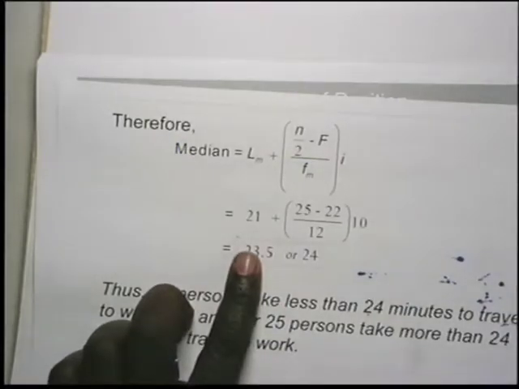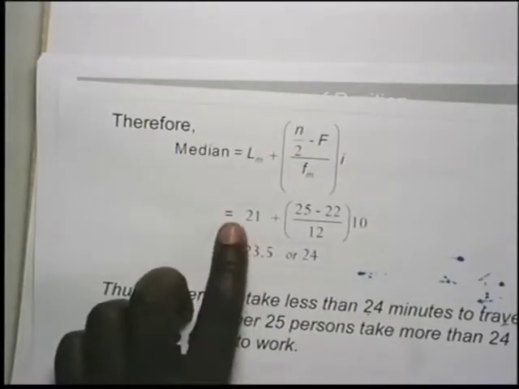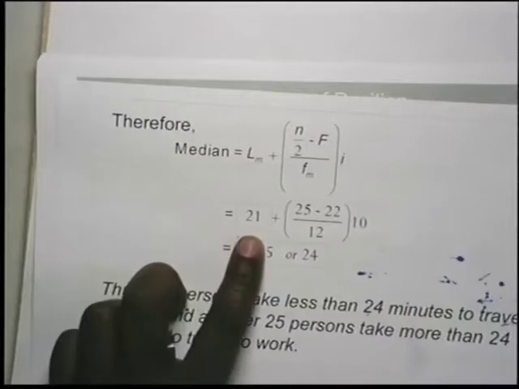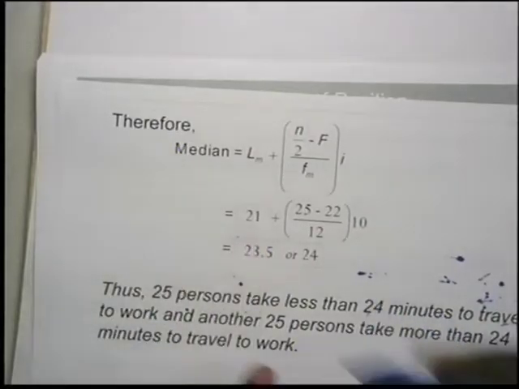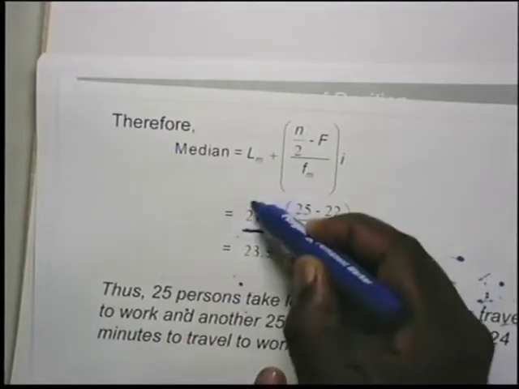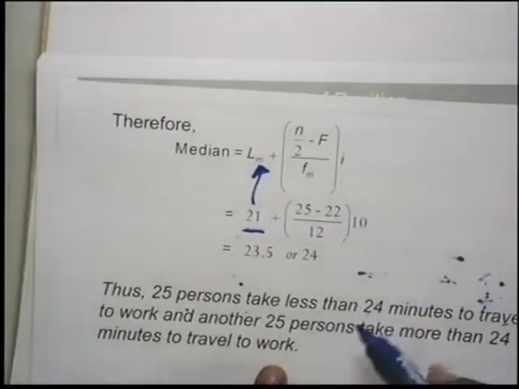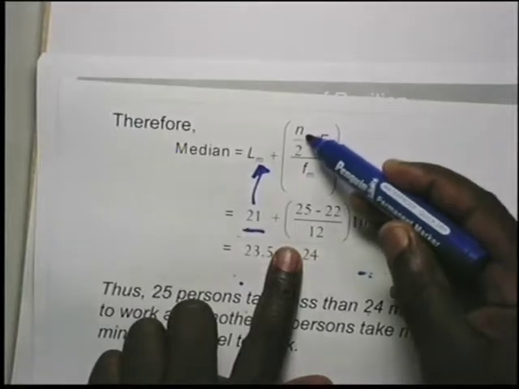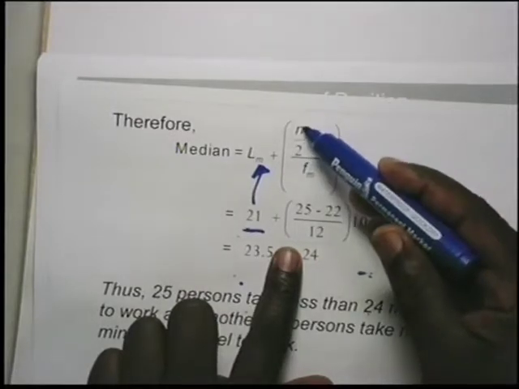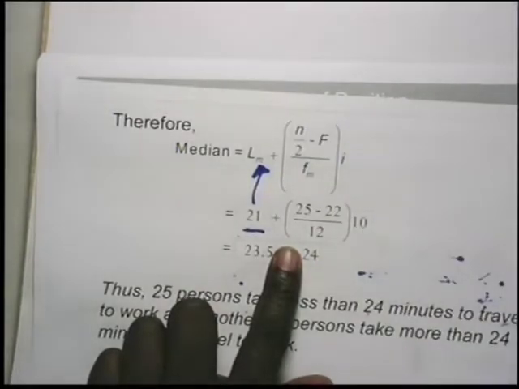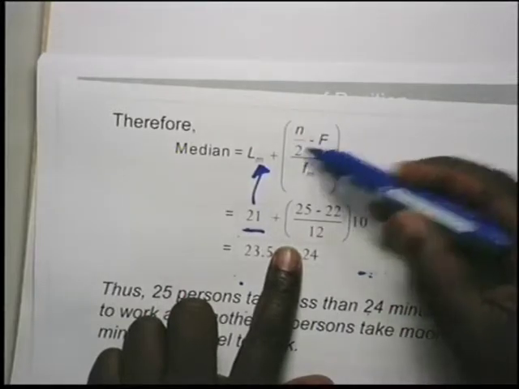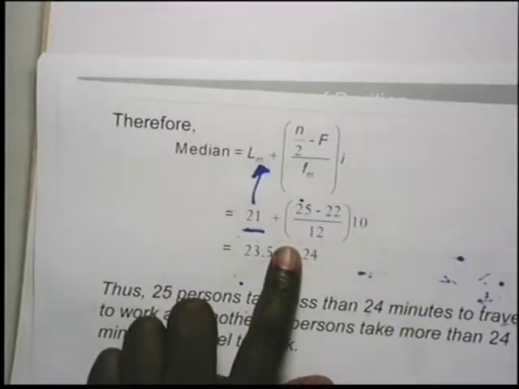Let me just slide back to that. LM is 21. You can see on the slide there, here is our LM, substituting this one. Then we have N divided by 2. Remember, N is 50. If we divide 50 by 2, we get 25.